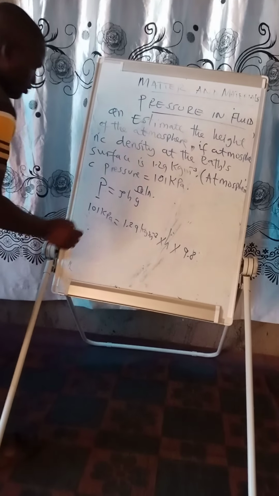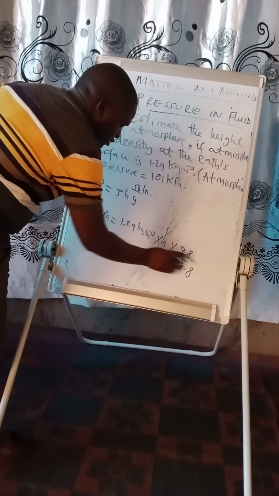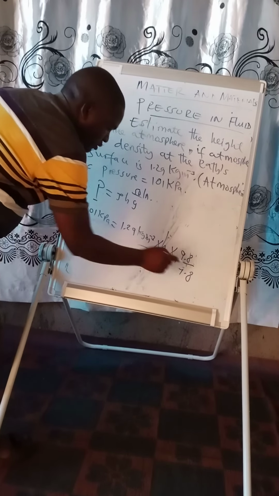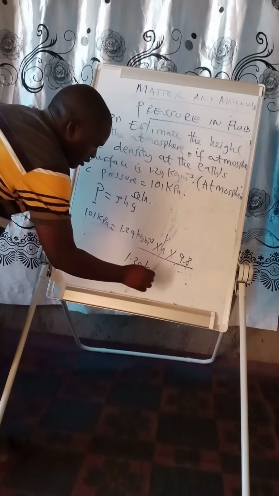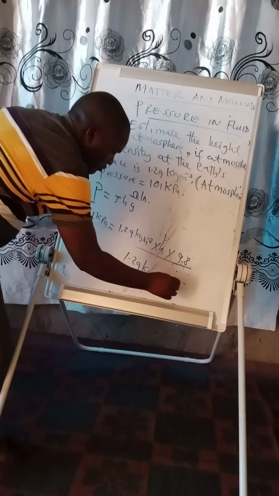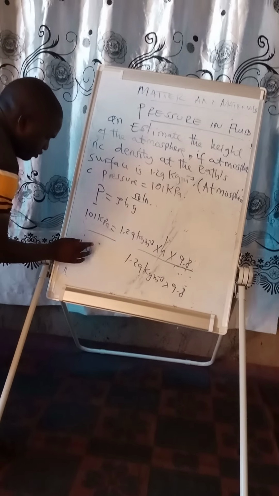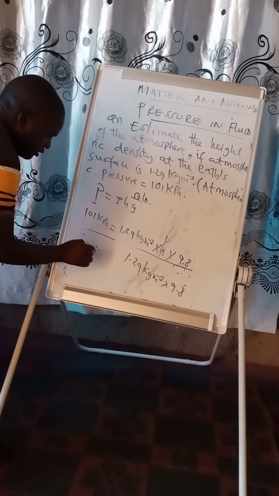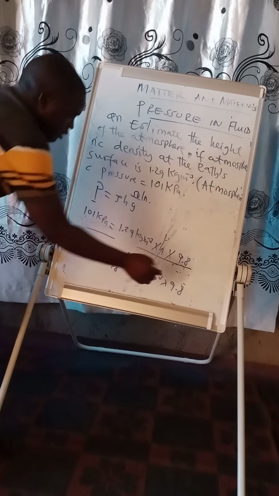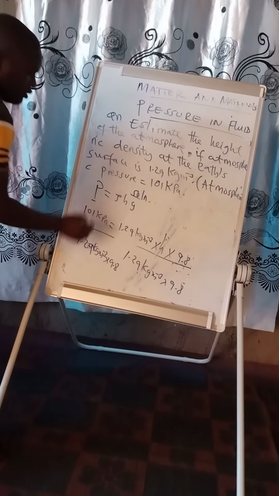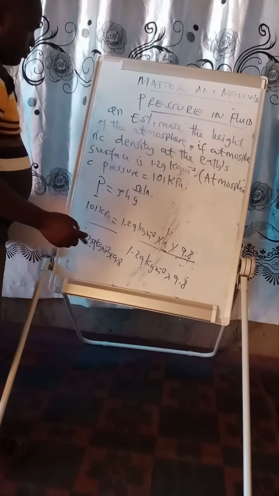So now we have to divide the pressure by 1.29 kg per meter cube times 9.8. By dividing this, we'll get the height.